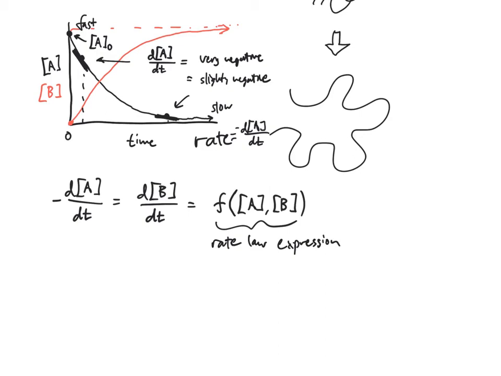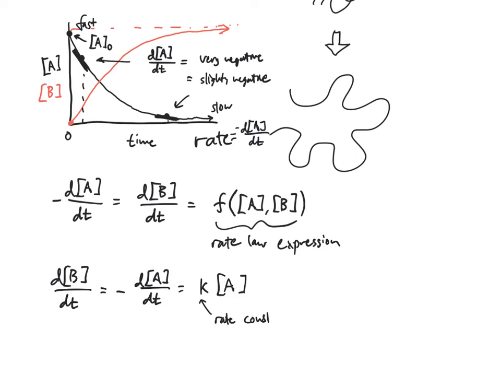And for this example, the rate law expression is going to look like this. The change in concentration of B with respect to time, which of course equals the negative change in concentration of A with respect to time because it's disappearing, because it's a reactant. This is going to equal some constant K times the concentration of A. All right? And this K right here is called the rate constant.